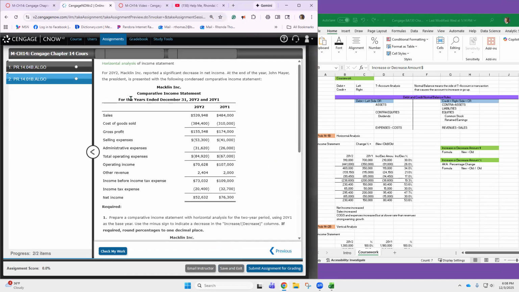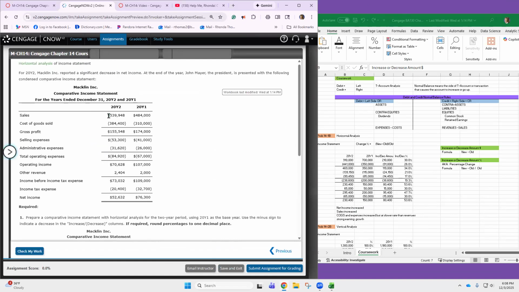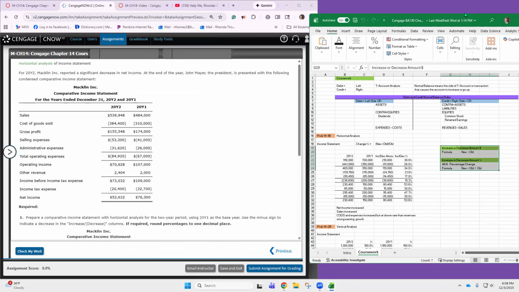Here's what we're talking about. And this one is horizontal analysis of the income statement. I'm going to put my spreadsheet in here and I'm going to key these numbers into it.